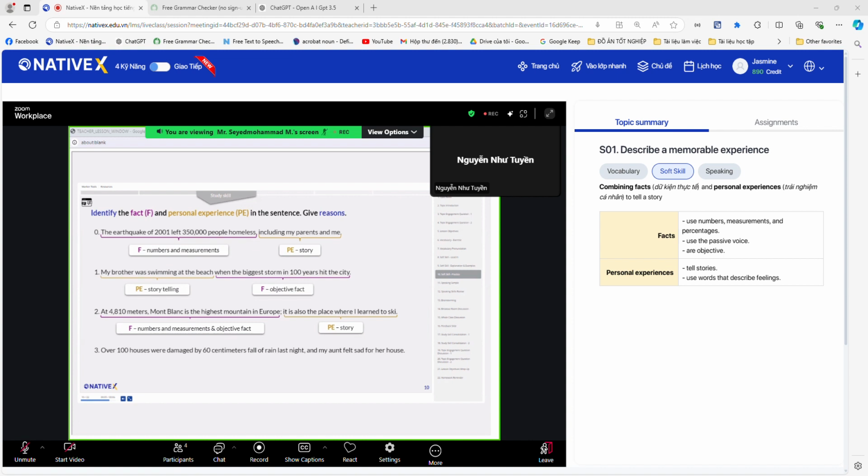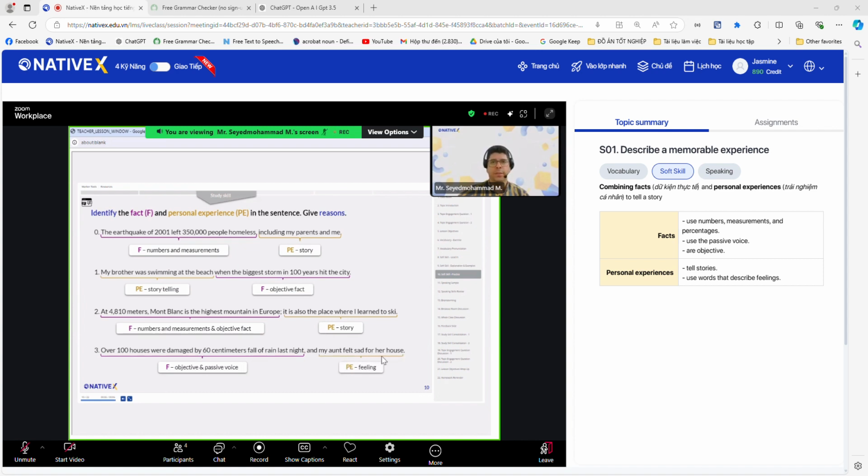Numbers and measurements. So it is an objective and passive voice fact, and my aunt felt sad for her house is a personal experience. What kind of personal experience? It is feeling. Thank you very much.